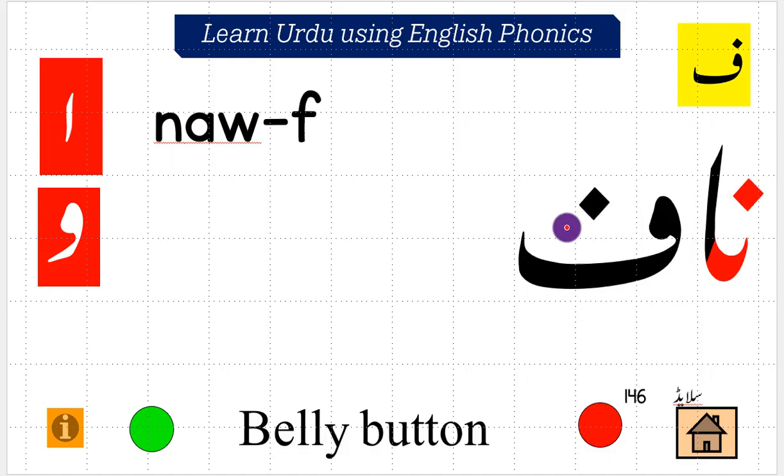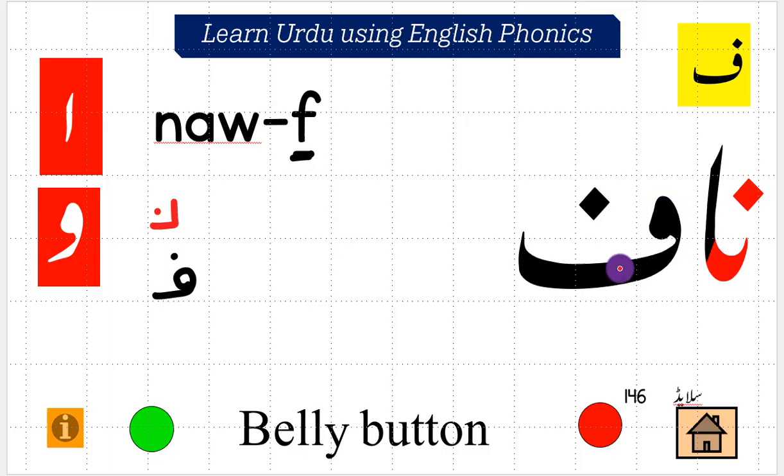I have got a new word over here to blend. What's the beginning sound over there? One dot up, and if you see a circle, starting with a circle and one dot up, that's the f sound. This one, f. And what's this sound? Na.